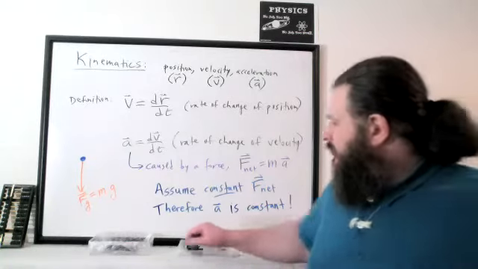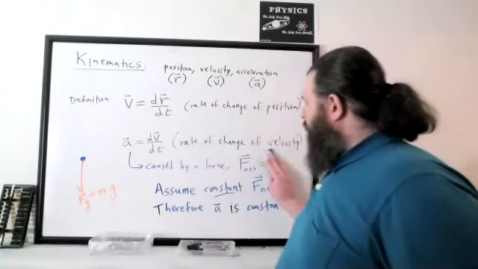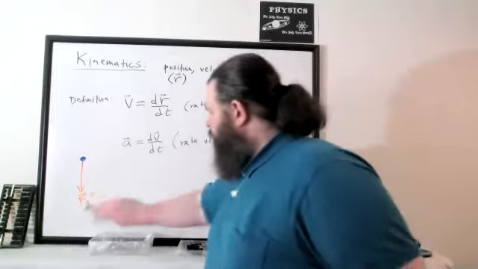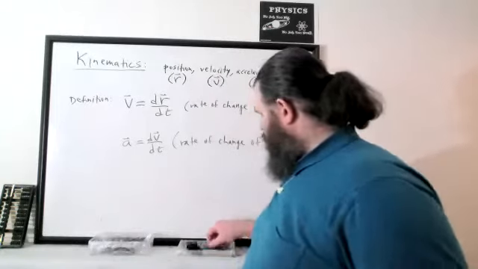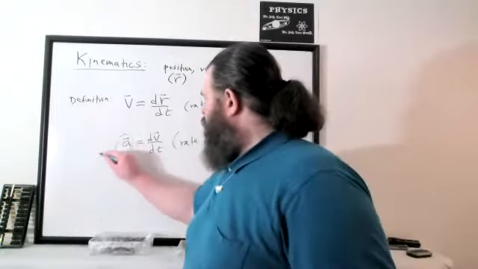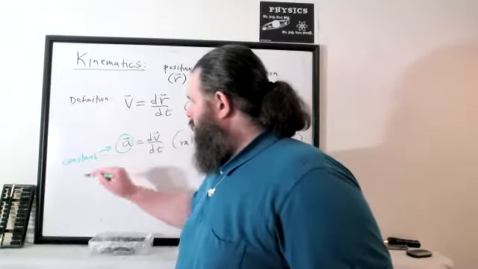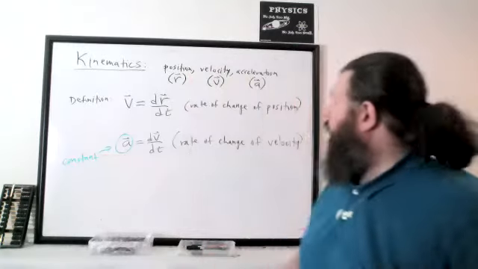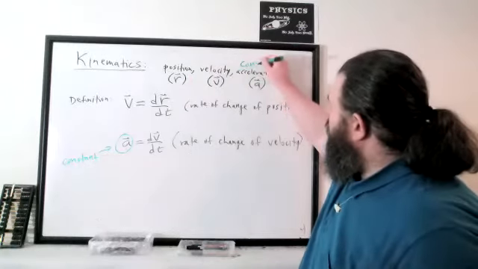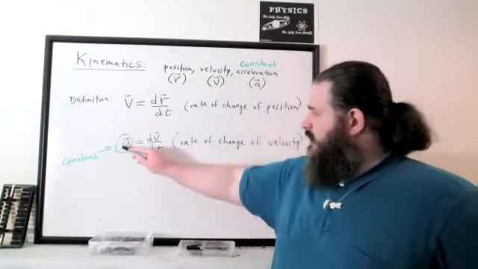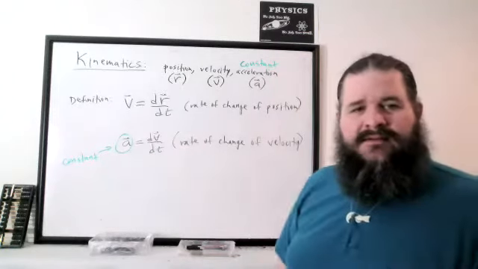So let's explore the results of this. We're assuming constant acceleration. That's really the foundation of everything we're going to be doing. We're assuming constant acceleration. And if you know the acceleration, how would you find the velocity?